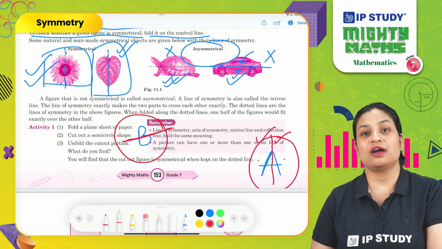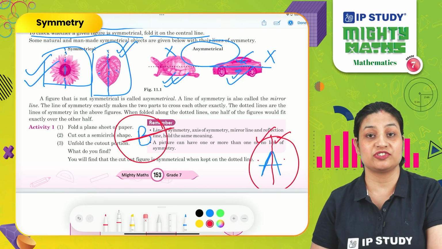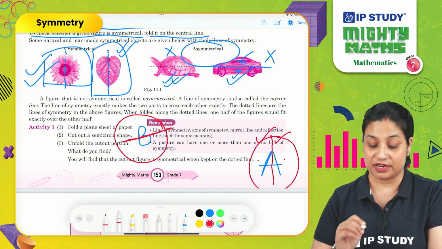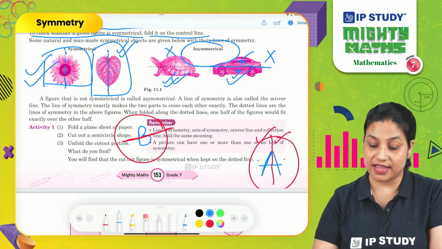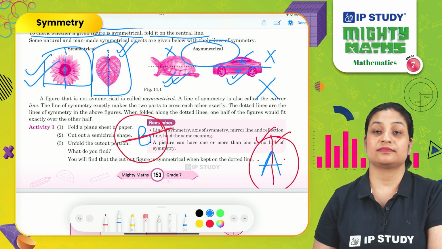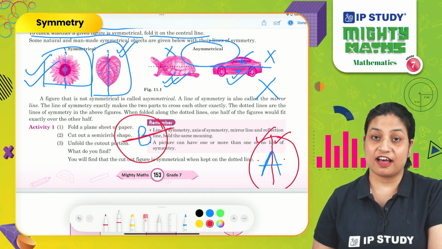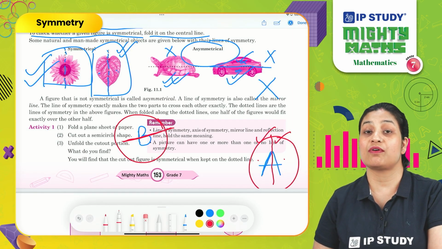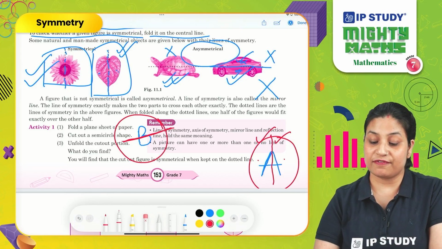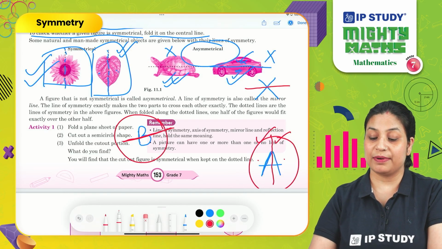Now let's talk about an alphabet that has both a vertical line of symmetry as well as a horizontal line of symmetry. And what letter is there? We have letter X. Letter X has both lines of symmetry, vertical as well as horizontal. If I draw this line here, I can see the upper part is identical to the lower part.